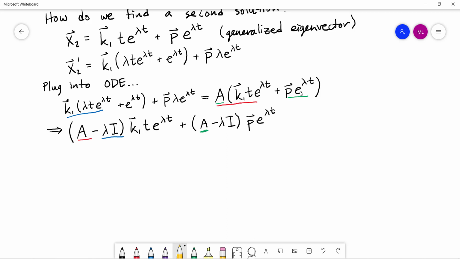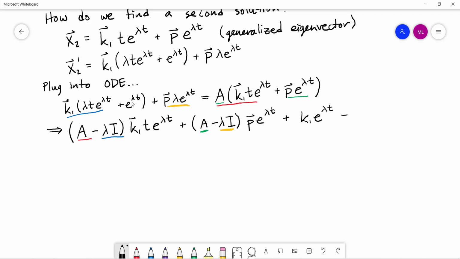And then let's do yellow over here. Here was just p times lambda e to the lambda t, and here's that term right there, the p lambda e to the lambda t, and it got moved to this side, so it now has a negative sign associated with it. So there's that, plus this one last piece that we haven't accounted for, k1 e to the lambda t.